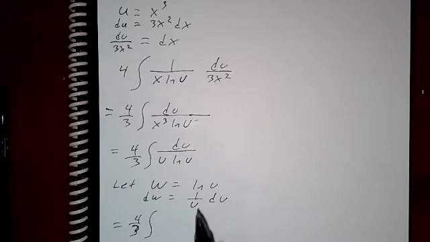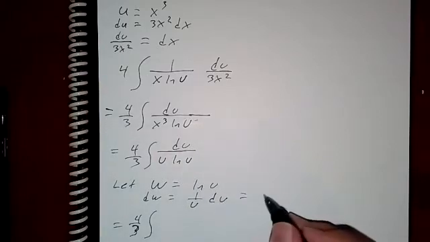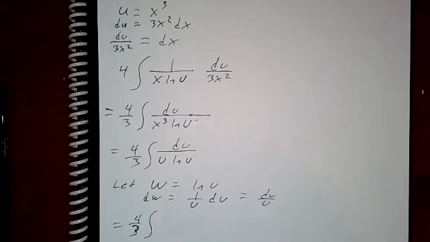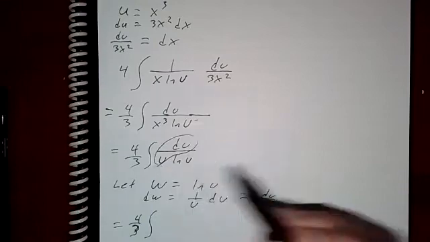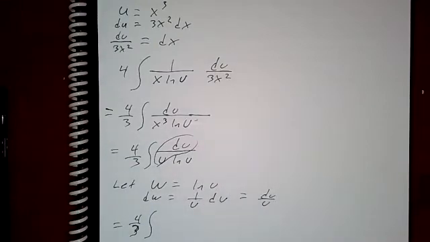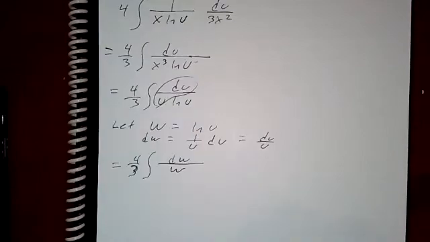So you see how this is the same as du over u, right? And that's right here, isn't it? So that's going to be replaced by dw. So dw replaces that piece, and w replaces the ln u. Now I have a simple integral. You see that?